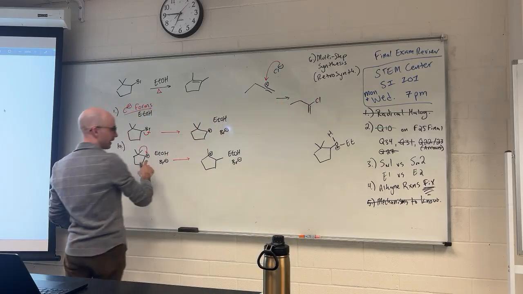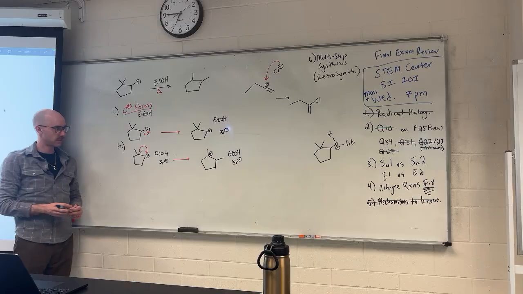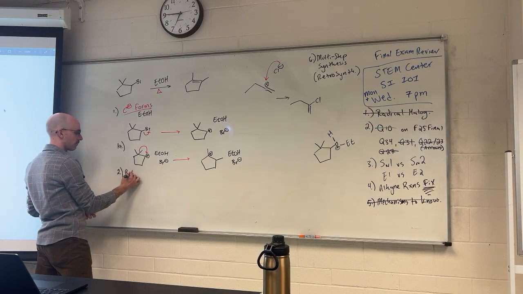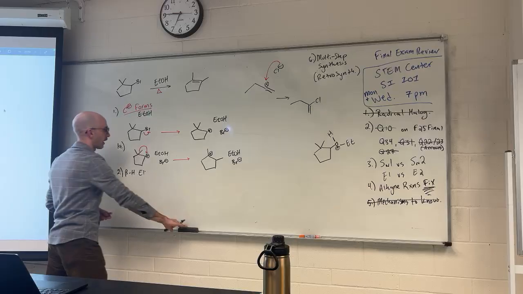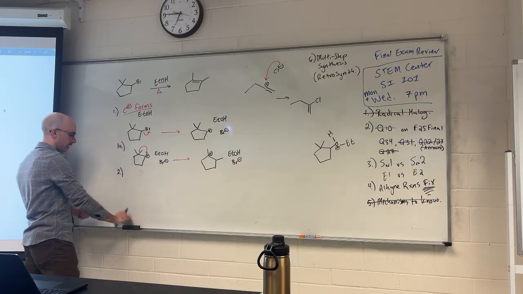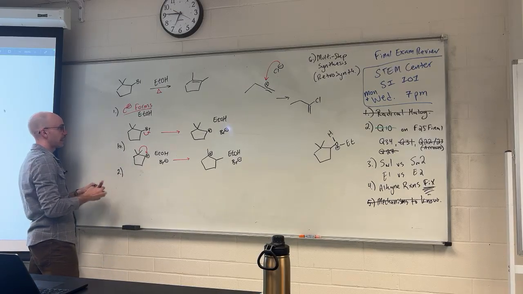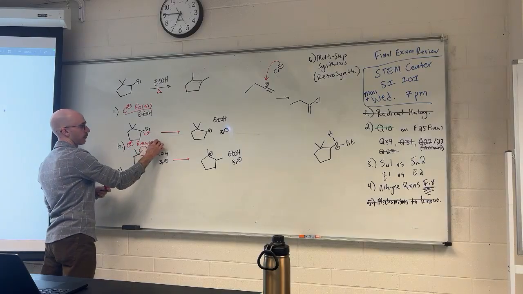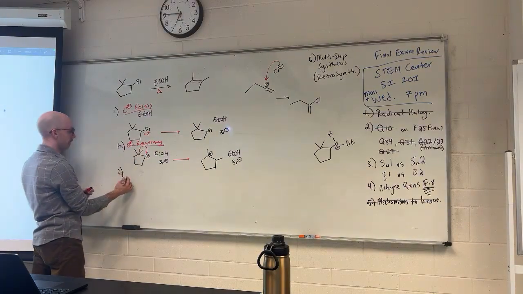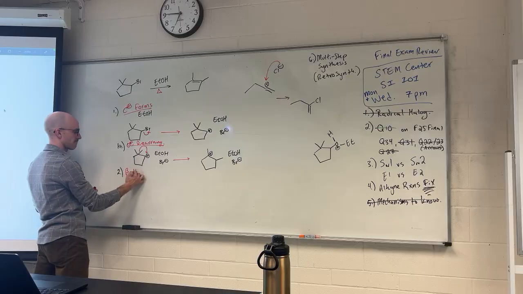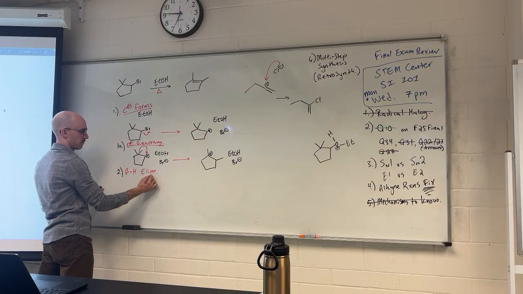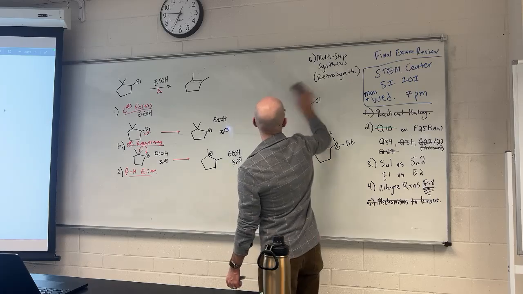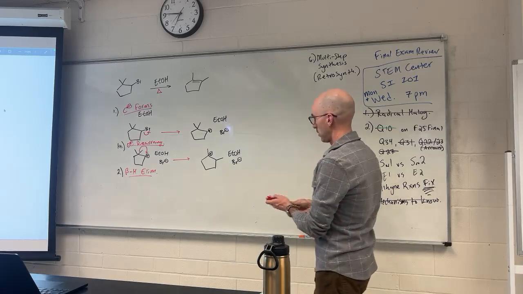Okay, so here's my methyl shift. And now I need step 2, which is beta hydrogen elimination, or I could call this just elimination. This is the carbocation rearrangement. I fear I've run out of space and I should really just move it over here.